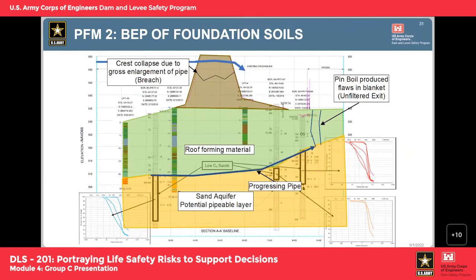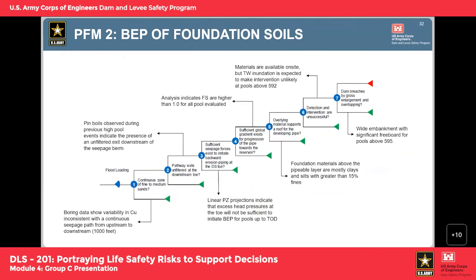So the event tree shows that the flaw node depends on the existence of a continuous BEP susceptible layer from upstream to downstream. There is gradation data that indicates there are materials in the foundation with a CU less than 6 that are susceptible to BEP.